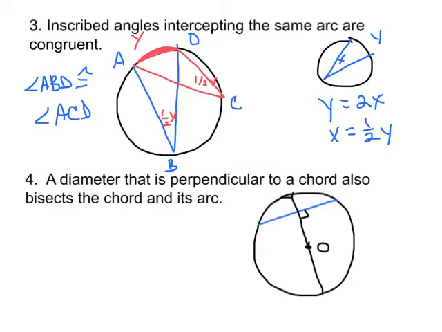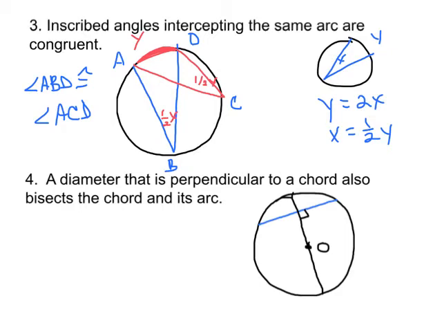And you can kind of look at that. The angles are inscribed, and they have the same beginning and end point. They start at A, they end at D. So the location of this vertex is really arbitrary. As long as it's somewhere on this circle, they're going to have the same measure.